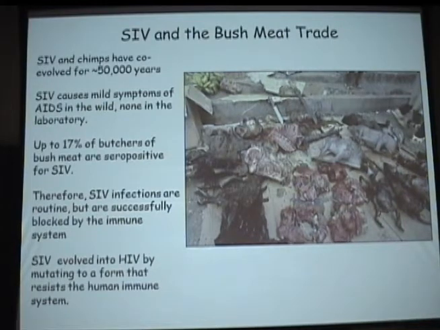The environment is incredibly important. Back in the day, 1,000 years ago in Africa, people were living in tiny tribes, and if SIV evolved into HIV, it might have killed one person, but it didn't spread, because human habits were not conducive to the spread.